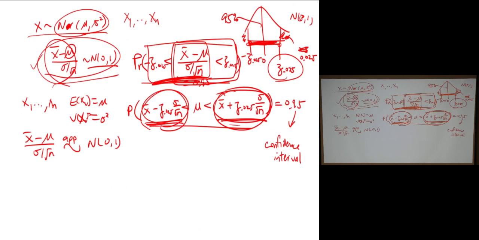I will use this. This is something to do with the standard error of x bar, and the constant is taken from a standard normal.